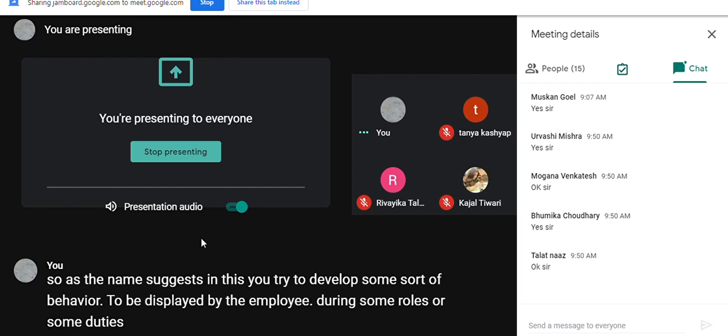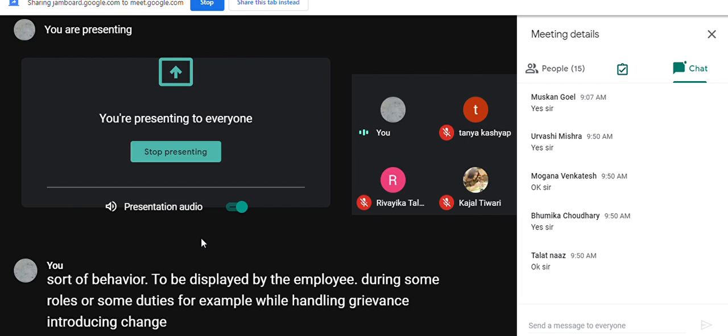For example, while handling grievance, introducing change, or building team spirit.